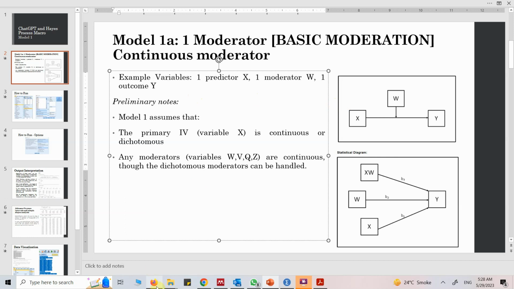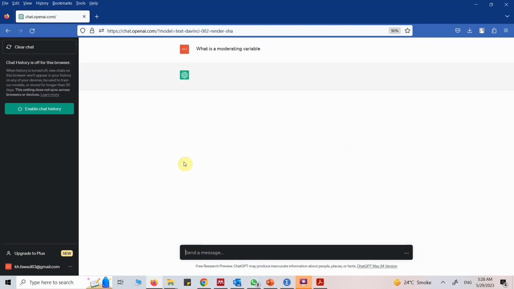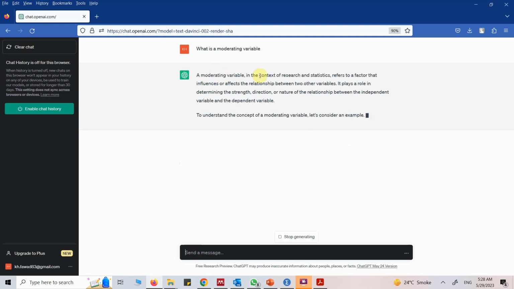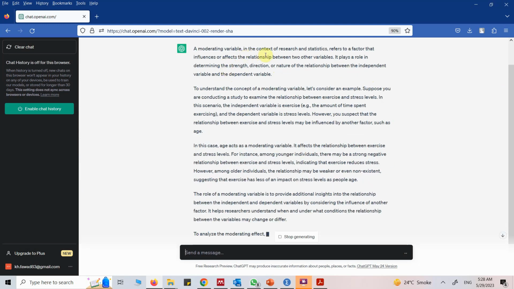Now what is a moderator and moderation? So let's first ask ChatGPT, what is a moderating variable? A moderating variable in the context of research and statistics refers to a factor that influences or affects the relationship between two other variables.